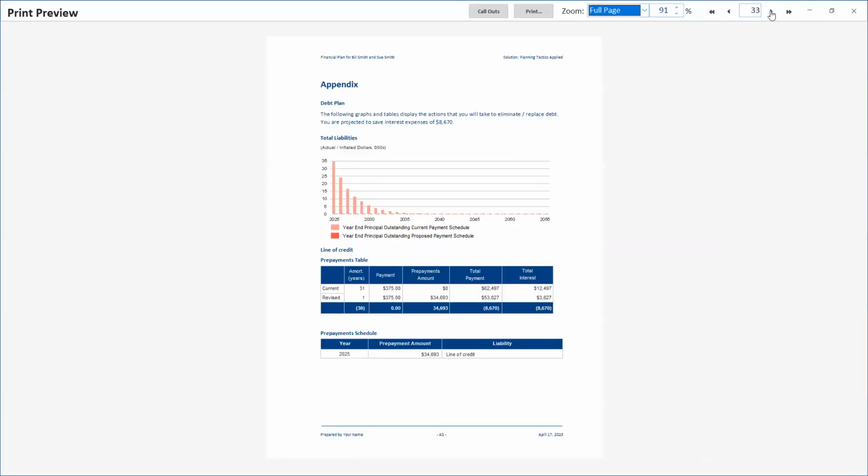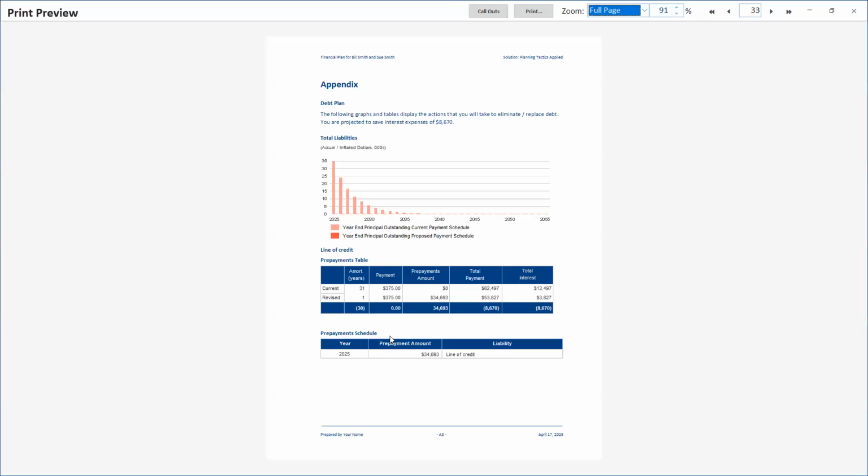And what we see after that is what happened to the debt. Well, because we have contributed excess cash to the paying down of the debt, we've changed its lifetime from 31 years to 1 year and saved $8,600. And this table of where's the money going and the prepayment schedule for the line of credit will apply for every liability that's paid down.